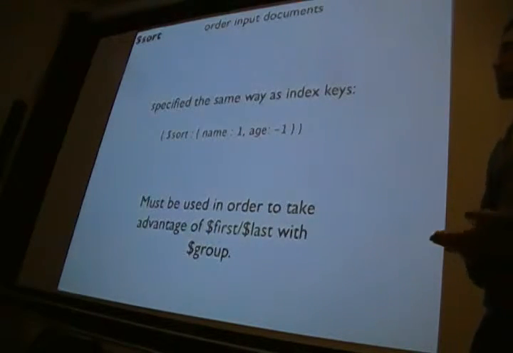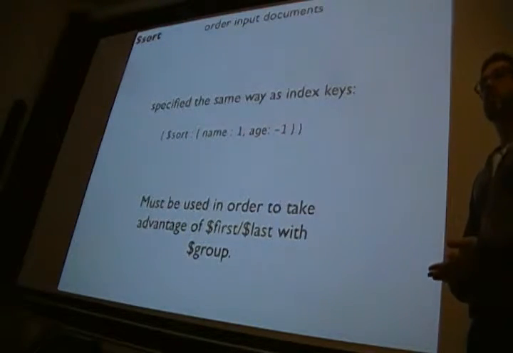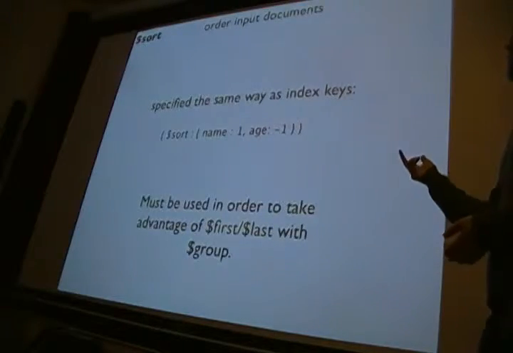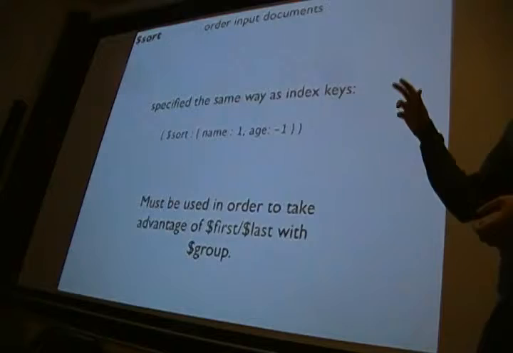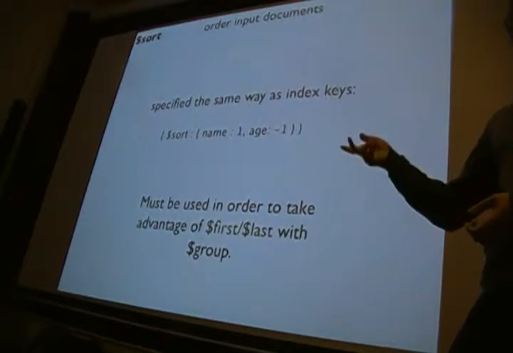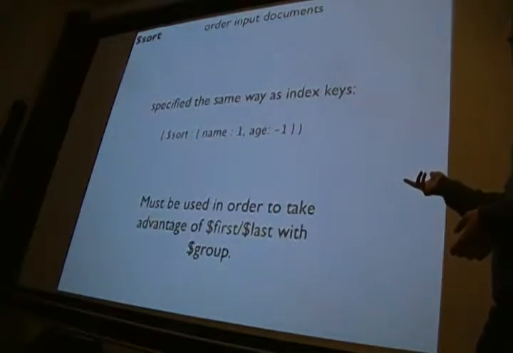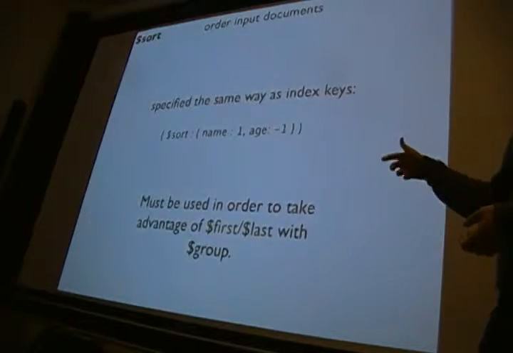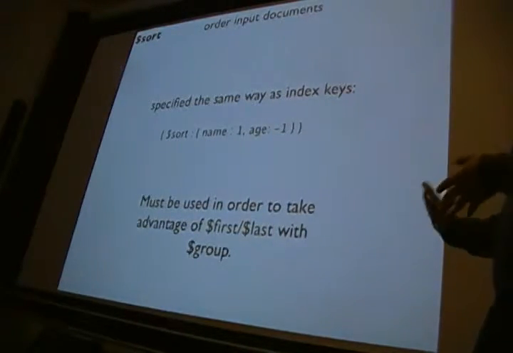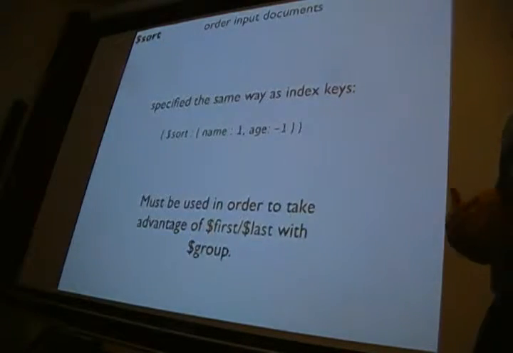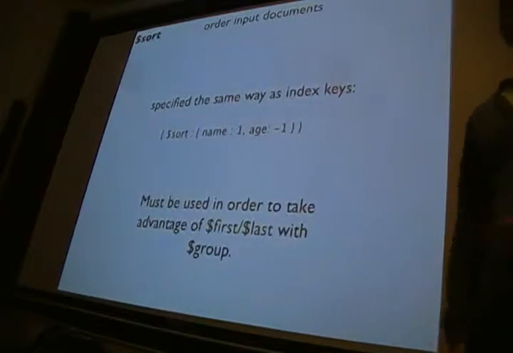So if you've ever created an index in Mongo, basically it's an object that consists of a field, colon, and then either 1 or -1 if you want to do sorting, ascending or descending. So the same thing applies here. So if you want to use $first or $last, obviously you have to use sort, because first and last don't have any meaning if you haven't sorted by some field.